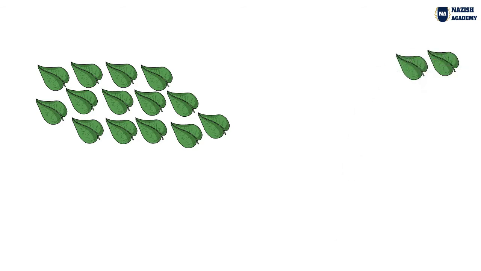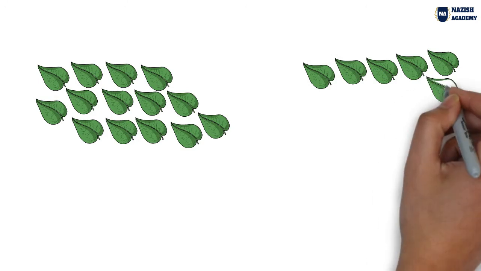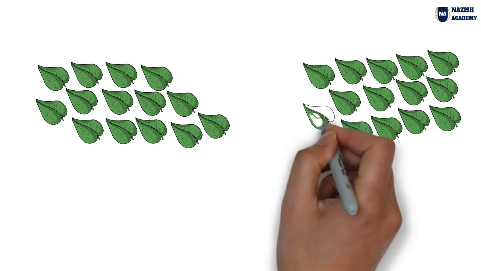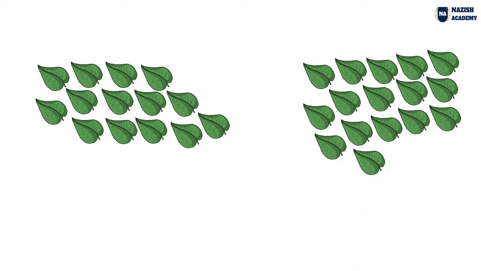And there 1, 2, 3, 4, 5, 6, 7, 8, 9, 10, 11, 12, 13, 14, 15, 16. 16 leaves. Where are more leaves? Left side or right side?